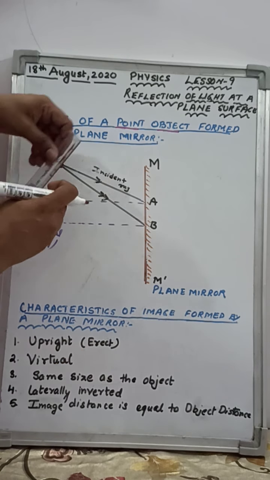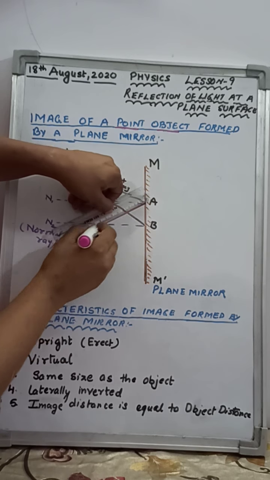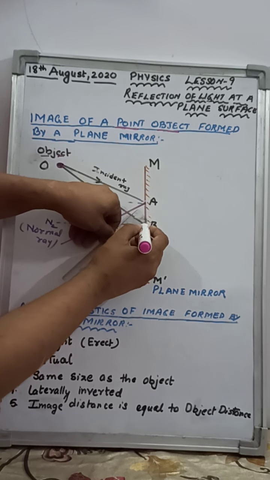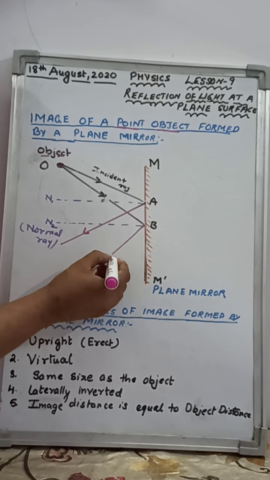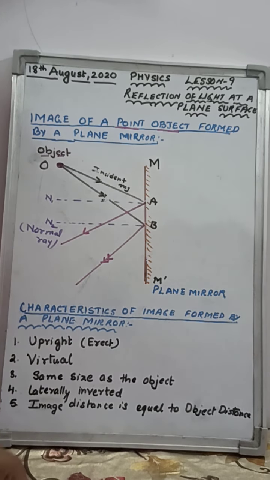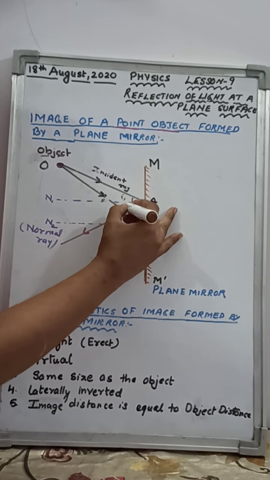Now when this incident ray strikes at point A and B on the plane mirror, the ray will reflect. So let us draw the reflected ray. This is the first reflected ray and this is the second reflected ray. Now what is the law of reflection? How have you drawn this reflected ray? Angle of incidence, this is an angle I1. This is an angle R1.